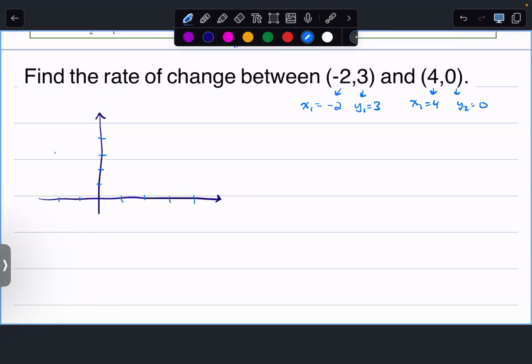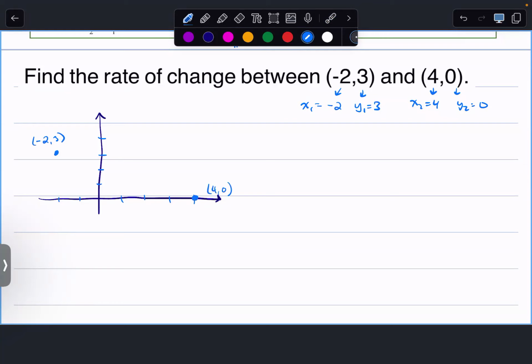This is not going to be very beautiful, but that's okay. -2, 3. For the second point, if x is 4, y is 0, then this is my second point here at 4, 0.